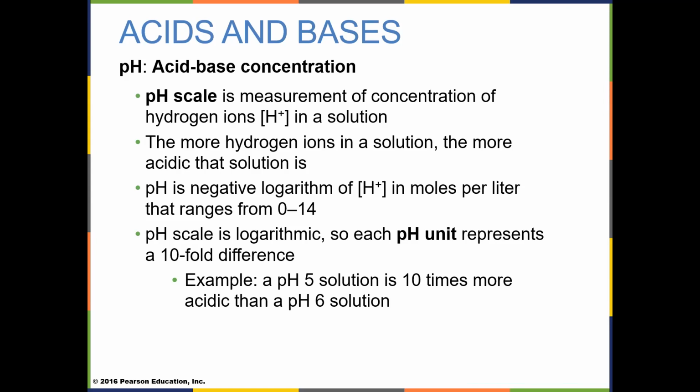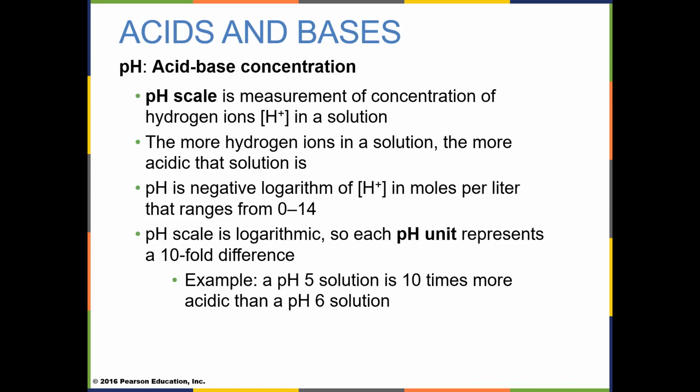Something that is a pH of 6 has 10 times more hydrogen ions than something that's pH of 7. Something that is pH of 5 has 10 times more hydrogen ions than something that's a pH of 6, but 100 times more hydrogen ions than a pH of 7.